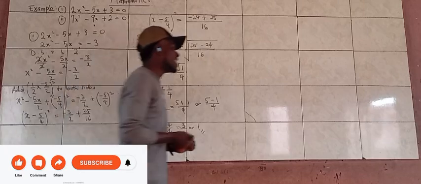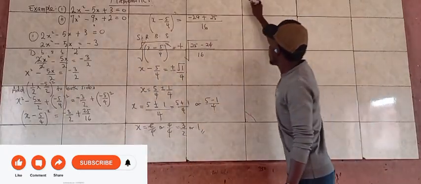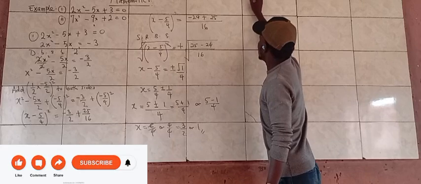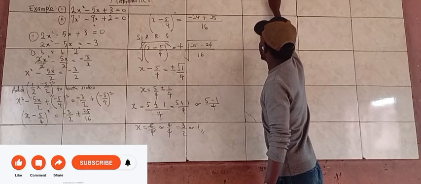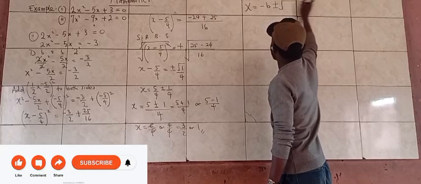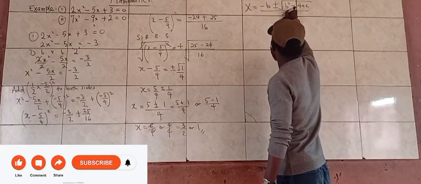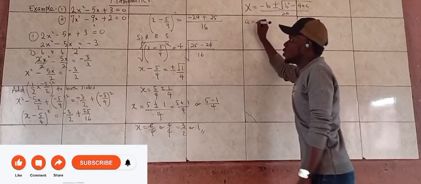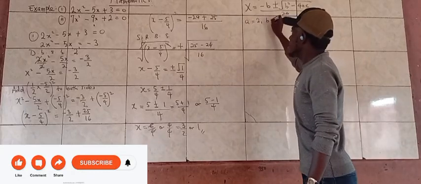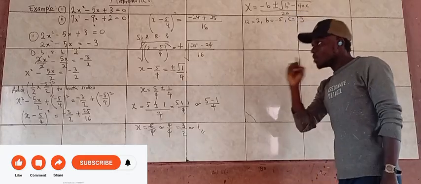Now, if I'm to be using the same question for the formula method, you simply need to recall that x equals minus b plus or minus the square root of b squared minus 4ac, all over 2a. What is my a from the equation? My a is 2, my b is minus 5, and my c is 3 from equation 1.